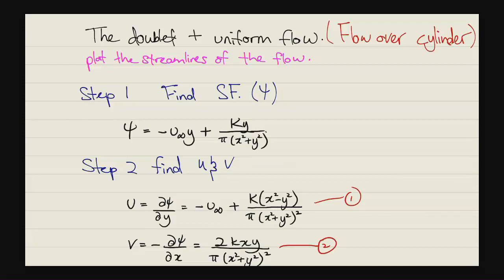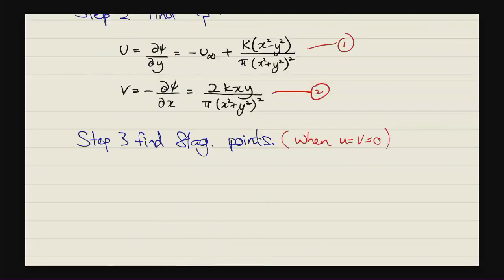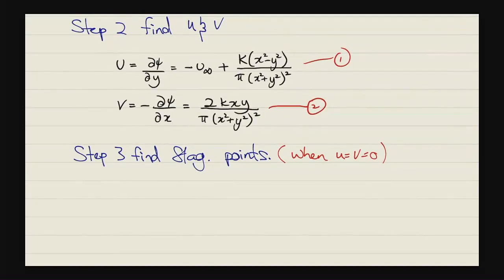So, once we know our velocities, we can then find our stagnation points as usual. Hopefully you can see that from equation 2, v is going to be 0 when either x or y is 0.